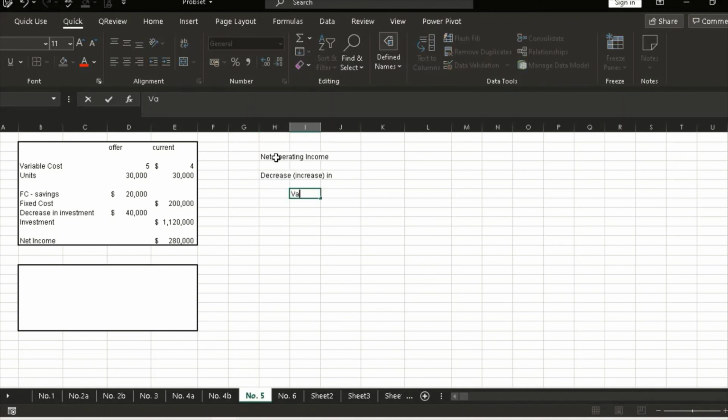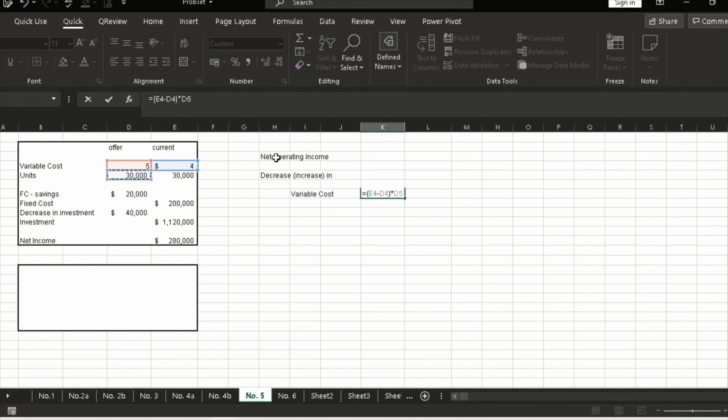For our variable cost, we will incur more since we were used to incurring $4 per unit, and we are being offered $5 per unit.